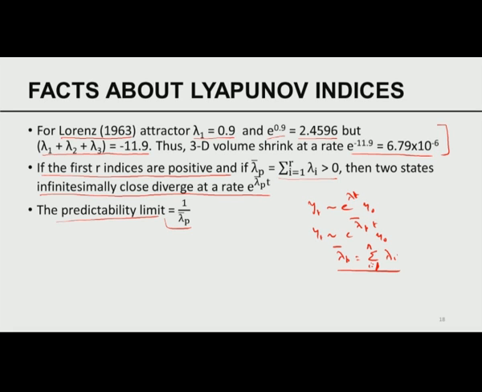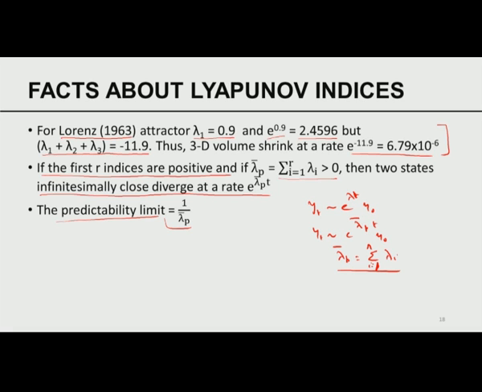Now you can see if there are more than one Lyapunov index that is positive, lambda bar p is larger. If lambda bar p is larger, 1 over lambda bar p is smaller. Therefore if a system exhibits larger number of positive Lyapunov indices, in such a system the predictability limit is much smaller.